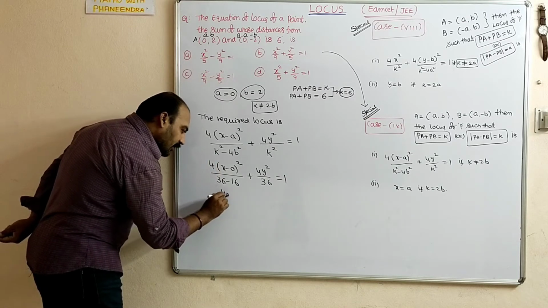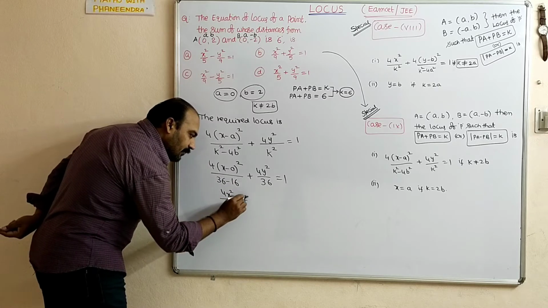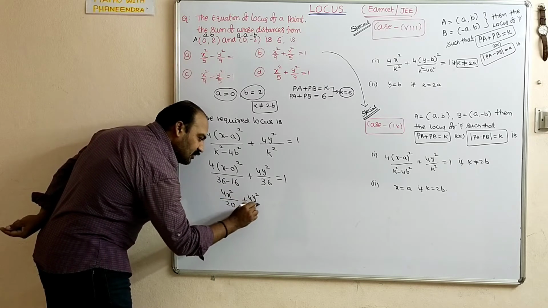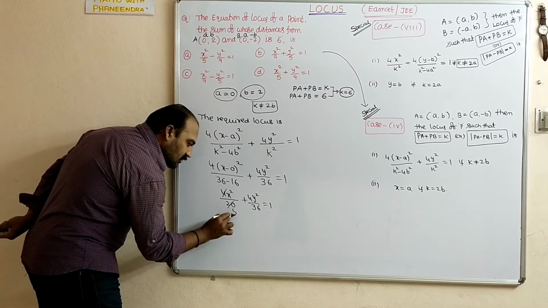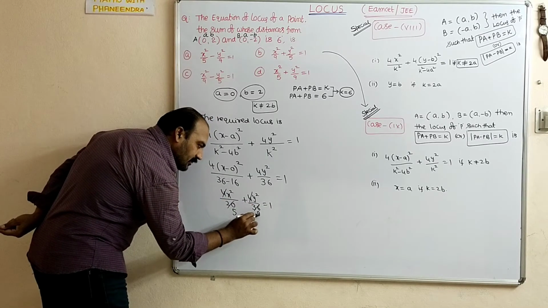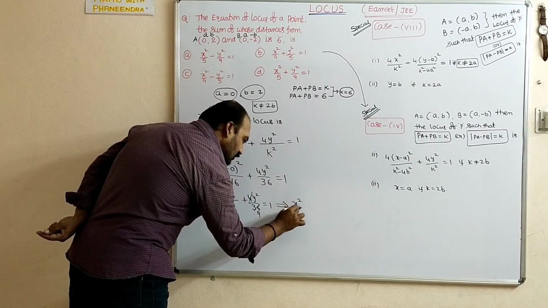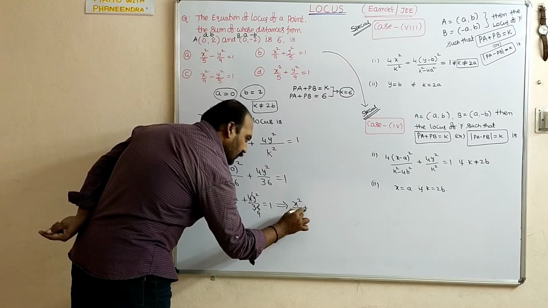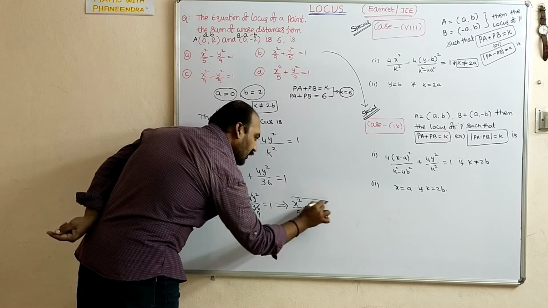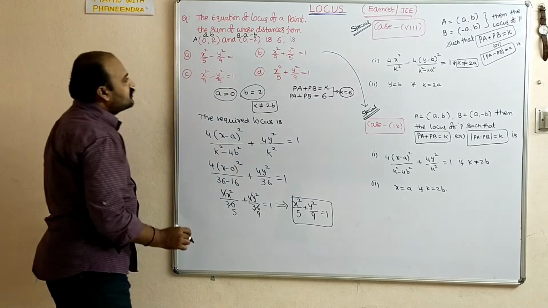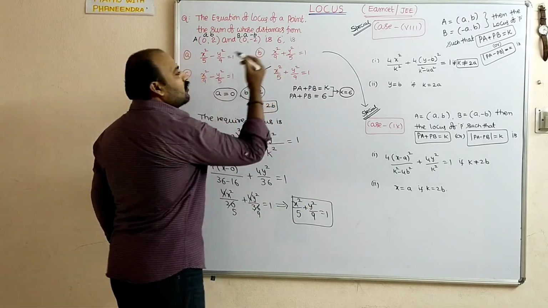So 4x square divided by 36 minus 16, which is 20, plus 4y square divided by 36 is equal to 1. So 4 ones are 4, 4 fives are 20, and 4 nines are 36. Therefore, the required locus is x square by 5 plus y square by 9 equal to 1, which is in the fourth option.